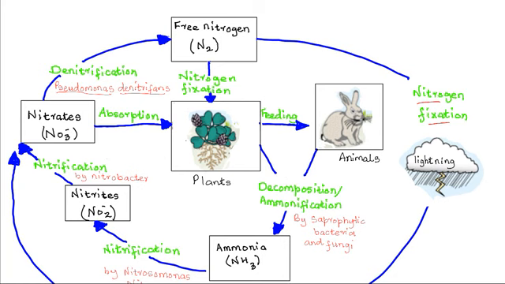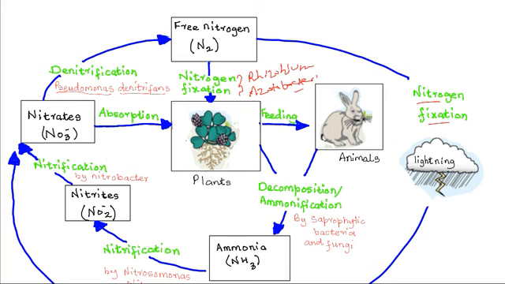This process comes about in two ways. One, there is biological fixation. The biological nitrogen fixation involves living nitrogen-fixing bacteria such as Rhizobium, that live in the roots of legumes, and the free-living Azotobacter bacteria.